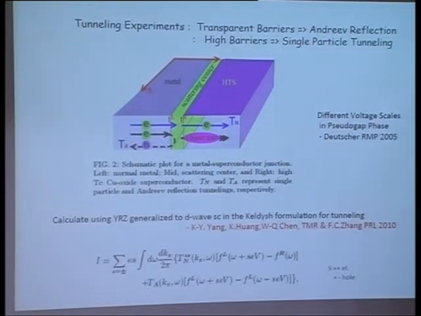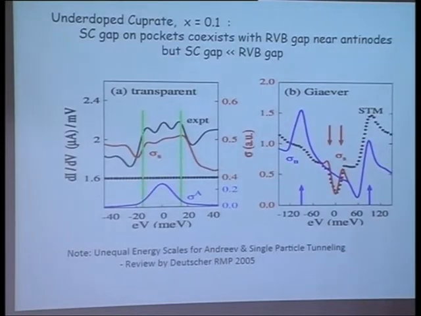And this can be calculated directly using this form, generalizing it by putting in by hand a d-wave pairing interaction as well. So this is just the comparison for the underdoped. In the overdoped case, the energy scales in both the Andreev or transparent junction and the single particle junctions are the same. But here in the underdoped region, the experiments on the Andreev are just plus or minus 20 millivolts, whereas out here these maxima in the single particle are plus or minus close to 80 or 100 millivolts.